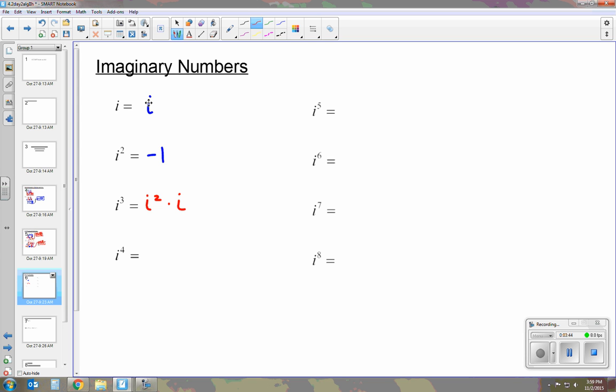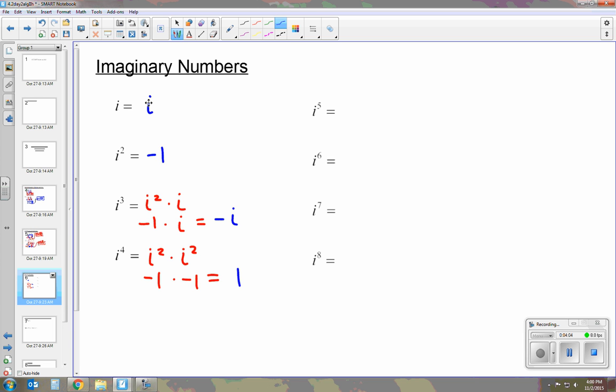And those two values are -1 times i, which gives us -i. We're going to do the same thing for i to the 4th, which is i squared times i squared, which is -1 times -1, and that gives us 1.